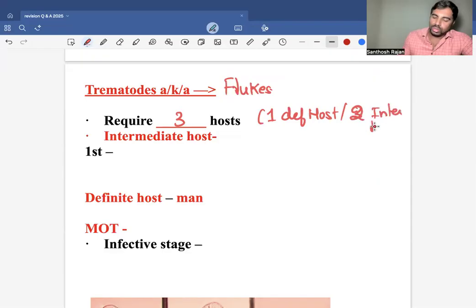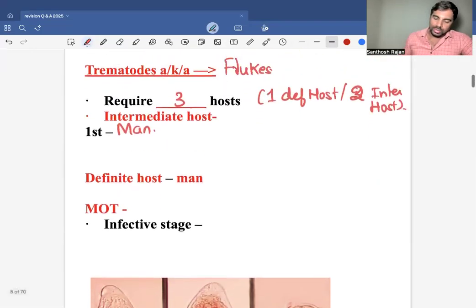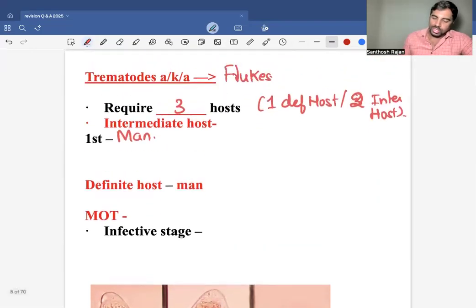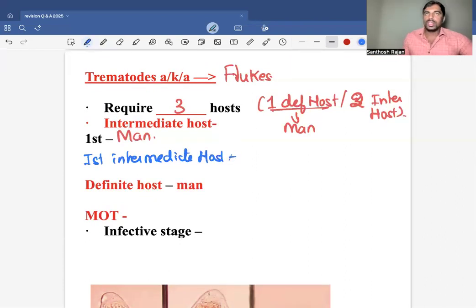Two intermediate hosts you need. The definite host is always man, and the first intermediate host is always the snail. It is always the snail for all.